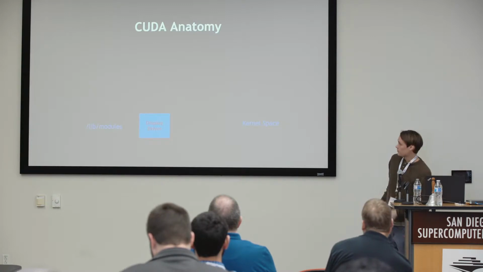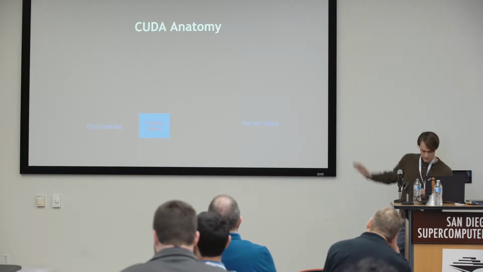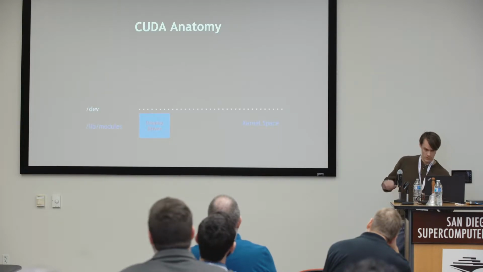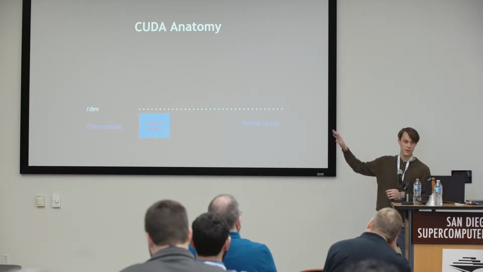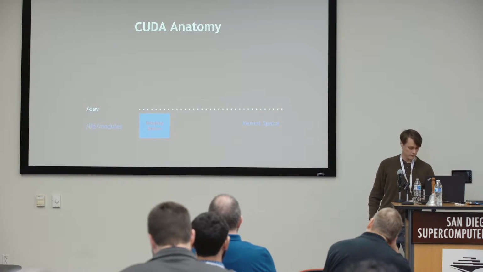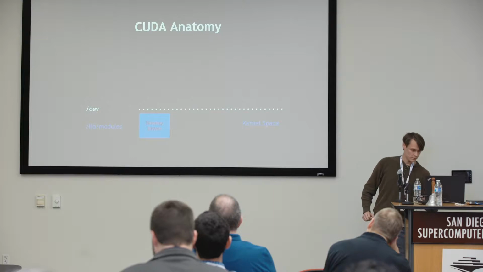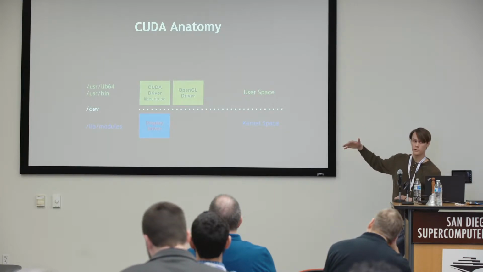At the lowest level, above the hardware, you have a kernel space display driver. It's a pretty standard kernel space display driver. When these kernel modules are loaded, they create some device files in dev, and the dev device files are used by a set of user space driver components.